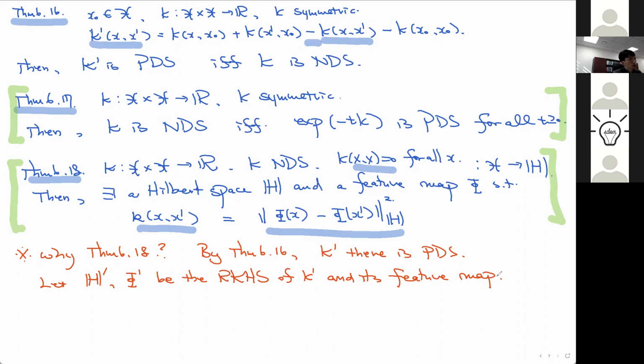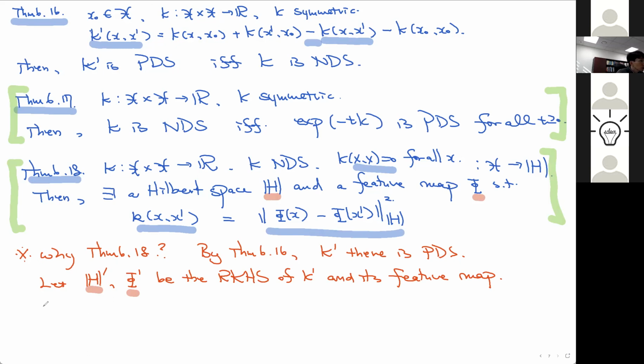So if we do so, then maybe using this H prime and B prime, we can construct this corresponding H and B. And it turns out that is always the case. Okay. So how to do this?